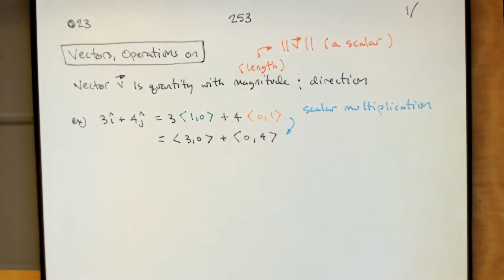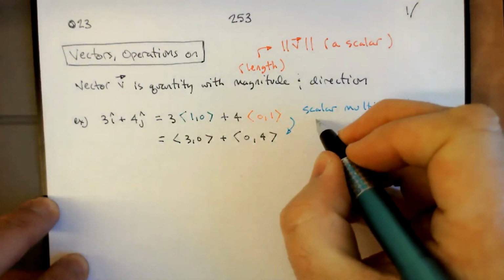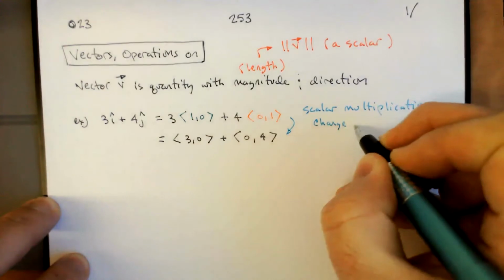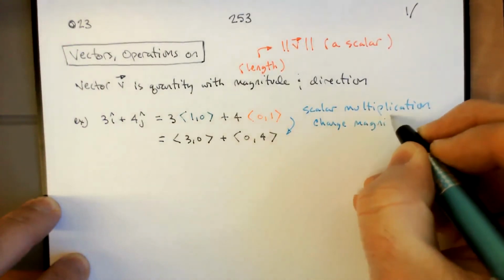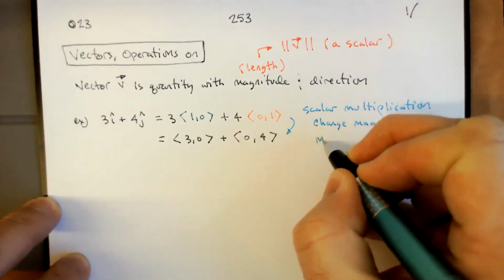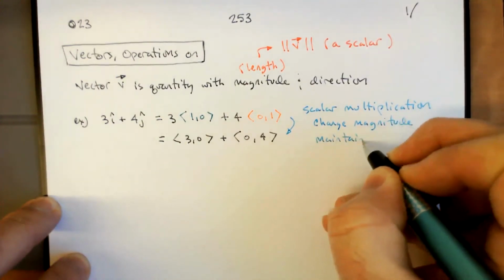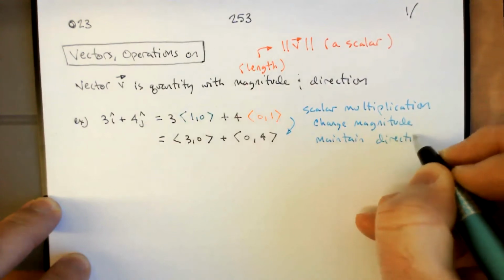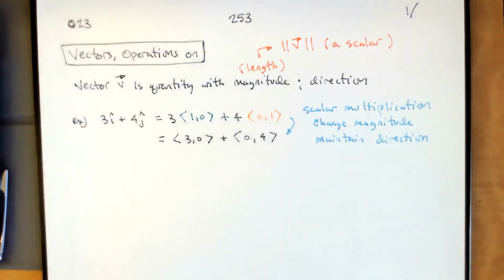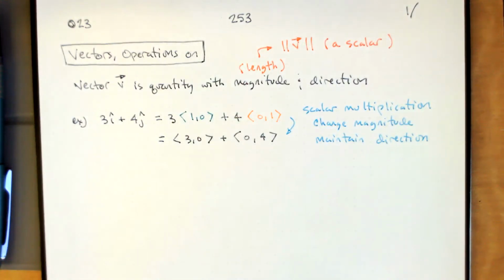The vector 3, 0 also goes horizontal. We maintain direction. We change magnitude. So scalar multiplication will change magnitude. Maintain direction. In other words, we are scaling the vector up or down. That's why we call them scalars.